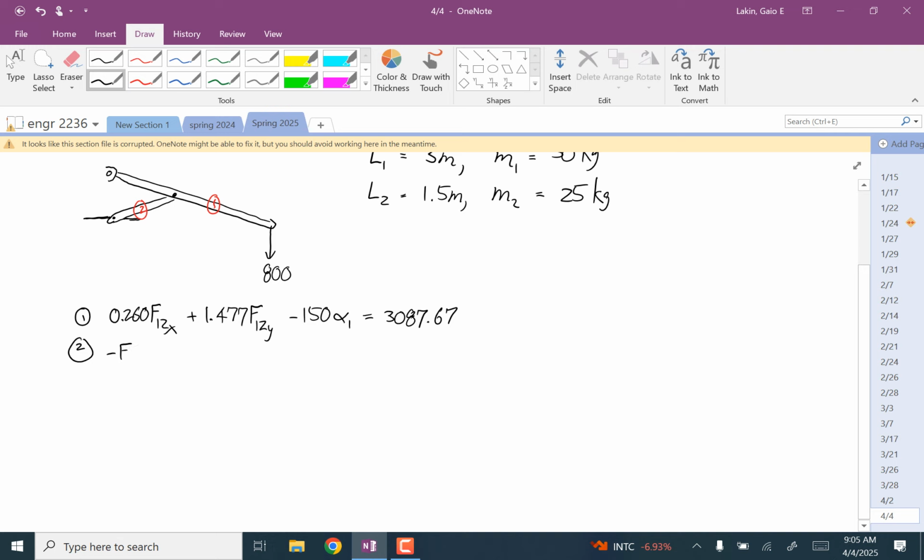Then negative F12x minus 25 A2x is equal to 0. Then the third equation, negative F12y plus RC minus 25 A2y is equal to 245.25.